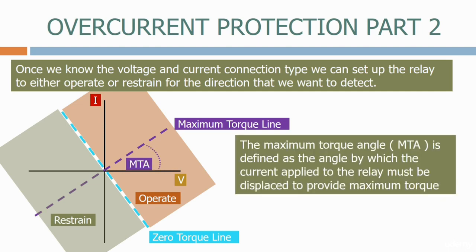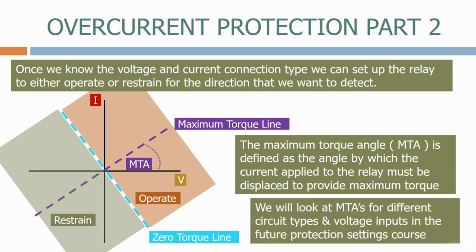The maximum torque angle, MTA, is defined as the angle by which the current applied to the relay must be displaced to provide maximum torque. We will look at MTAs for different circuit types and voltage inputs in the Future Protection Settings course.